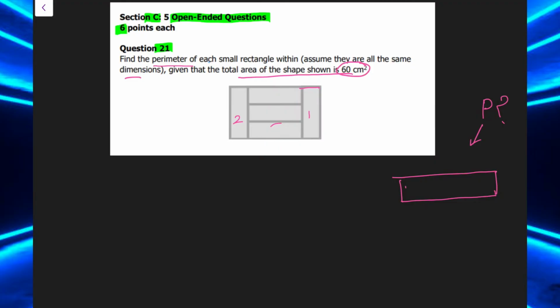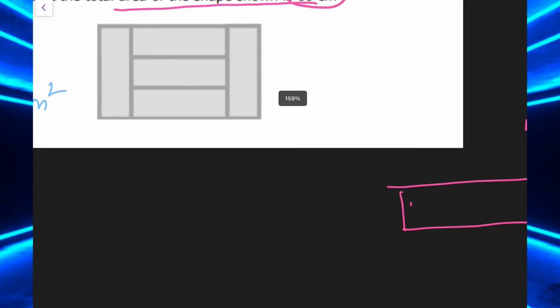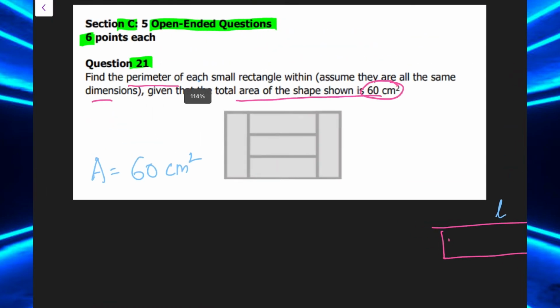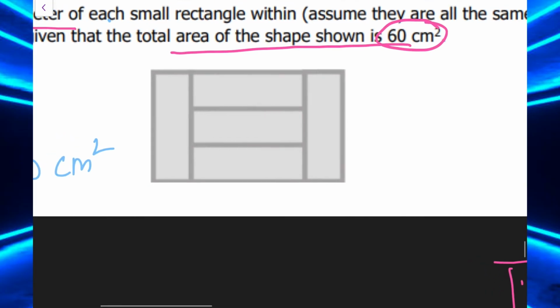Now let me rub this out. All right, we know the area of this shape is 60 centimeters square. Now looking at it closely, let's assume the length of our rectangle is L and the width, or the breadth, is B. Now we can see from here, look at this side here.